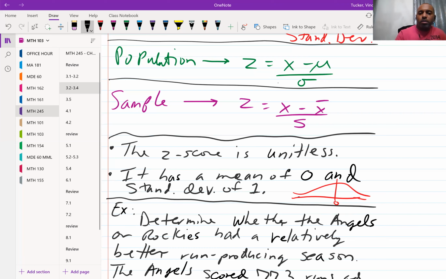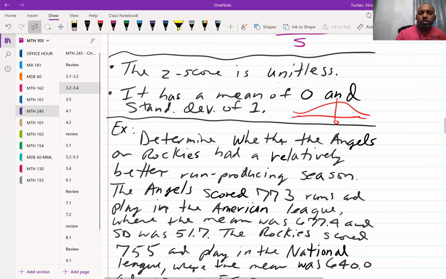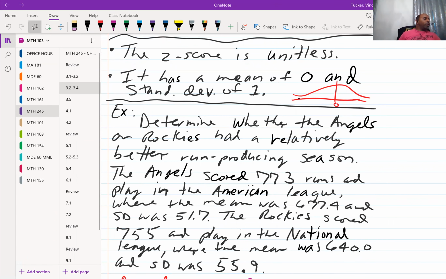All right, now scroll up. So here it says determine whether the Angels or Rockies had a relatively better run producing season. The Angels scored 773 runs and play in the American League, where the mean was 677.4, and SD, your standard deviation, was 51.7.